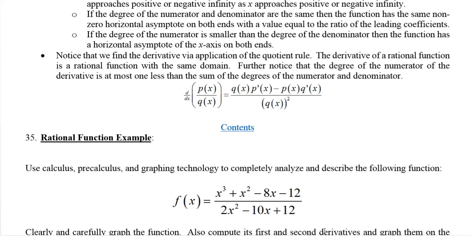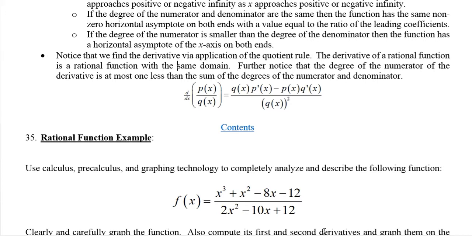So what you want to do is clearly and carefully graph this using maybe some graphing technology. There's something like a computer program like Graphmatica or something like that, or your calculator graphing technology. Compute its first derivative, compute its second derivative, graph all three of those together.